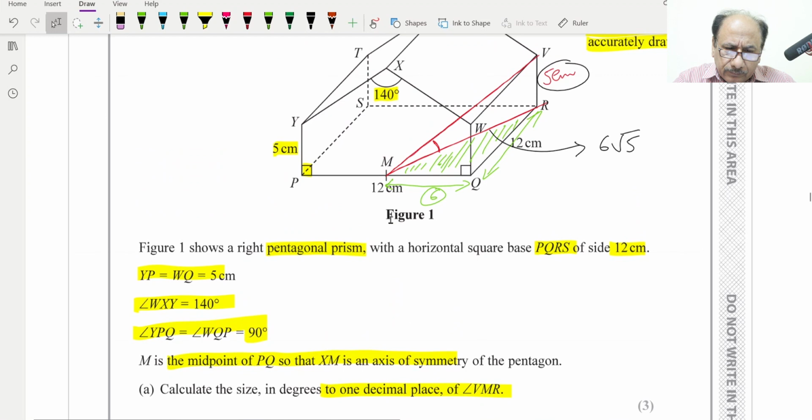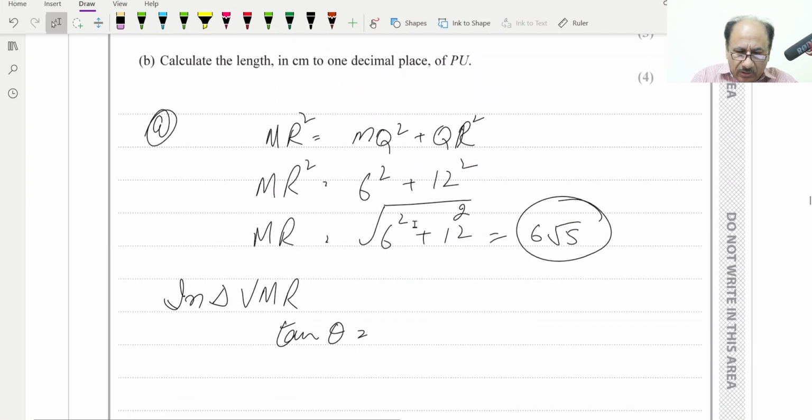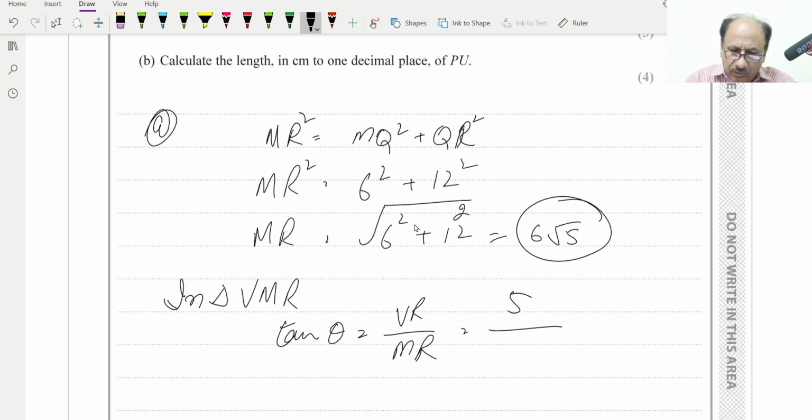Basically, yes, so VR over MR, and this is equal to what? 5 over 6 under root 5, MR we just found over here.